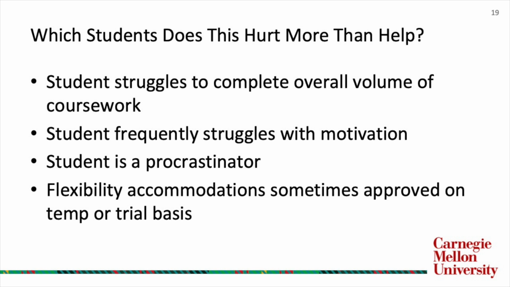And then on a day when they're really struggling, they've already kind of used up the amount of flexibility that they had, or they've used up the extra days that they were allowed to miss for class. And now they don't really have any more flexibility. They've kind of run out. So for these types of students, we just don't recommend that accommodation. Same with a student who tends to procrastinate.